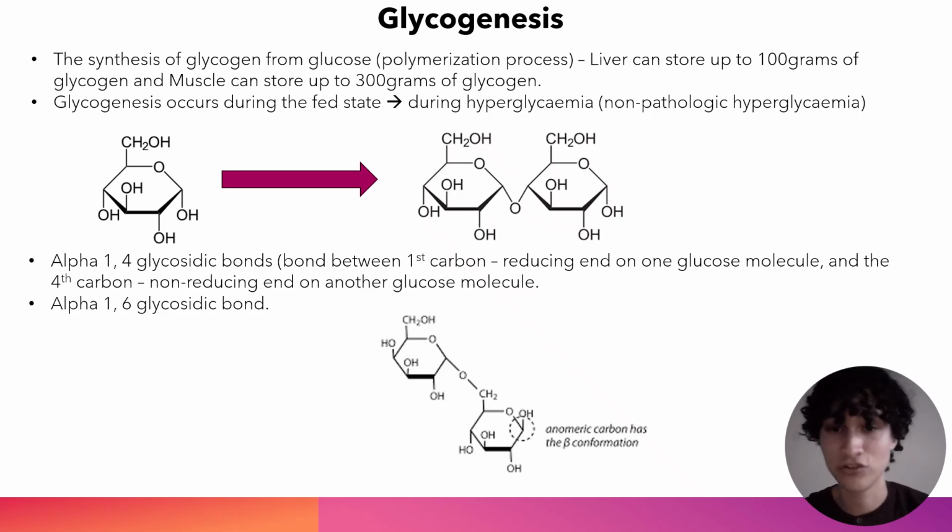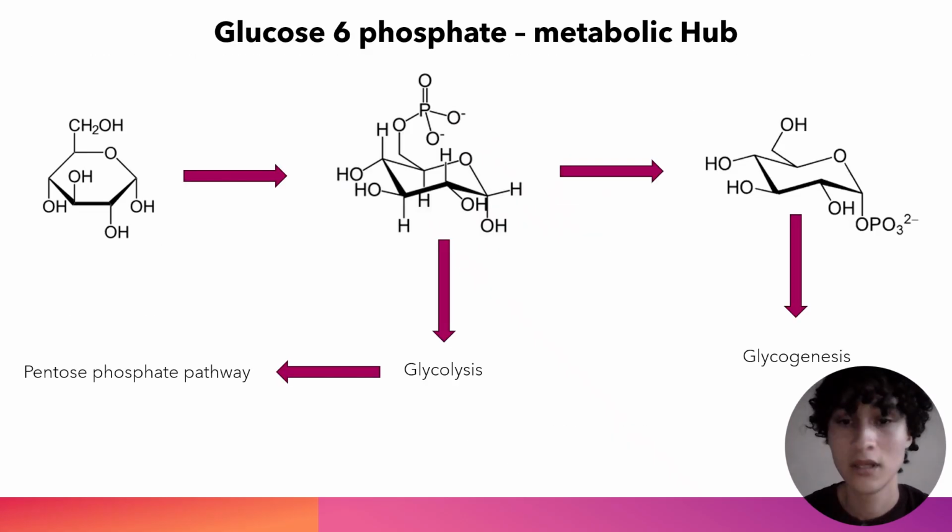It's a hexose sugar with a 6-carbon ring, and you have those hydroxyl groups, which are really important in the chemistry behind condensation reactions and forming those glycosidic bonds. So I mentioned before, the polymerization process is not as simple as what was shown in the previous slide. That's not really polymerization. That's just the formation of a disaccharide from monosaccharides.